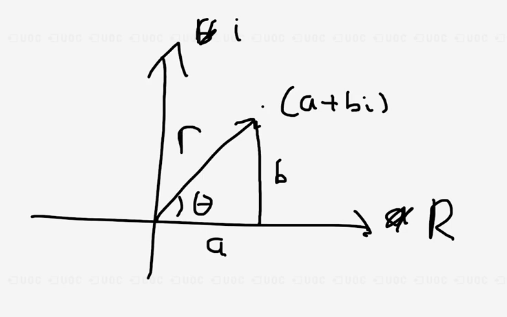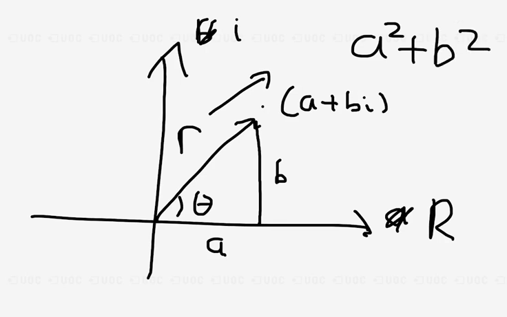So I write it in terms of r and theta. This side is a, because it's the real component. Using the Pythagorean theorem, a squared plus b squared is r squared. You can take the square root of both sides, and I get r is the square root of a squared plus b squared.